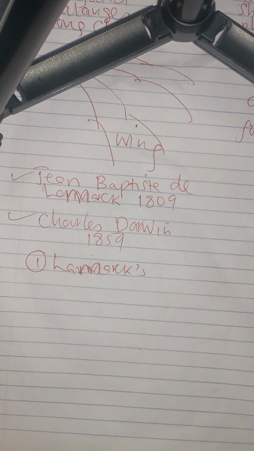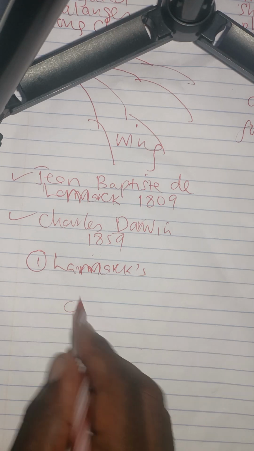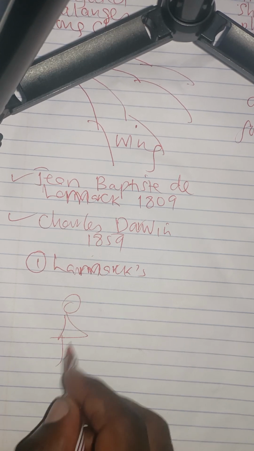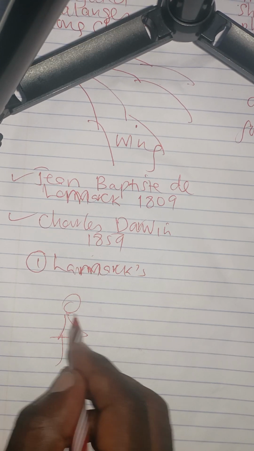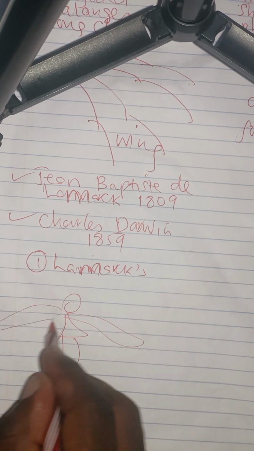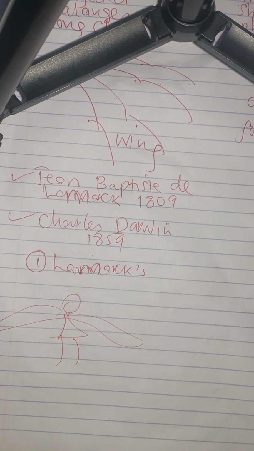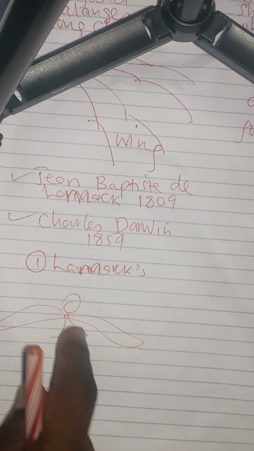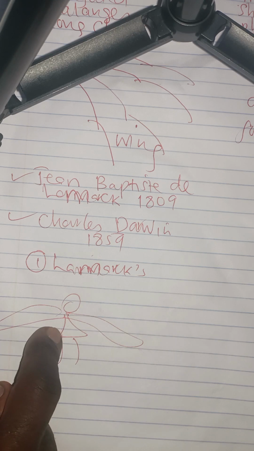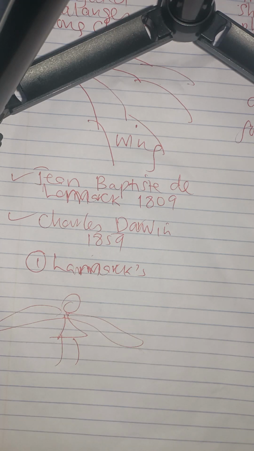Look at that. Then, of course, if I'm a parent and the environment demanded that I develop a strong hand, what happens? I will either use this hand or disuse this hand to develop that change that the environment demands from me.